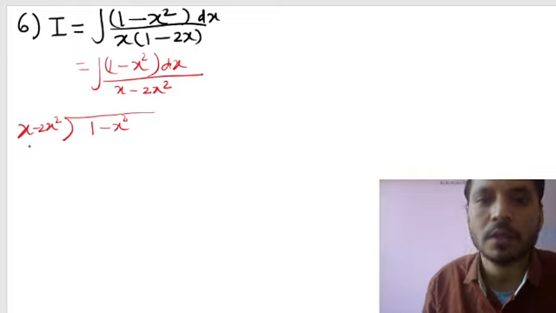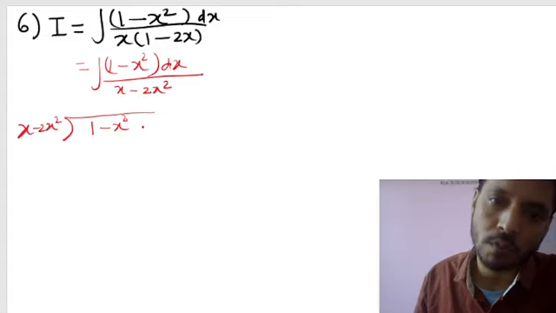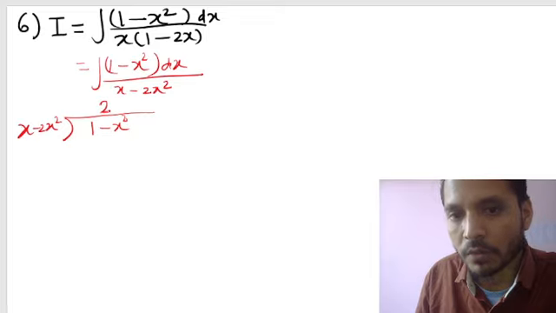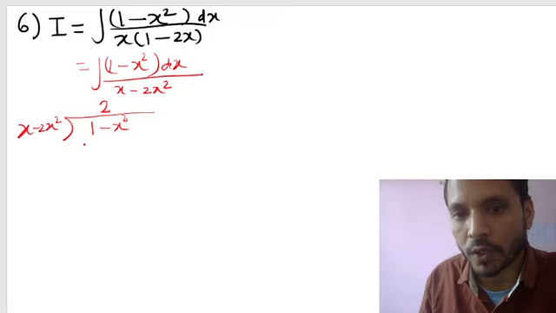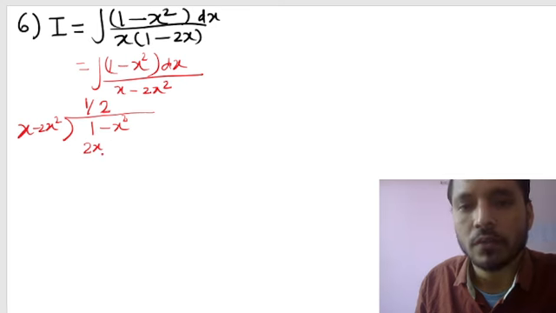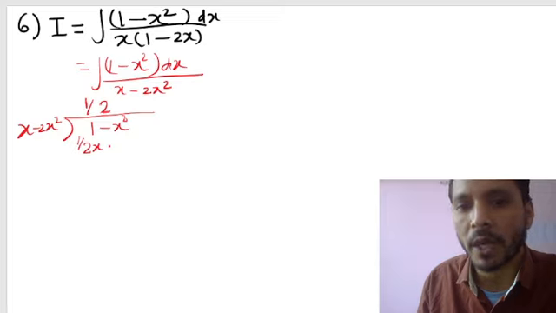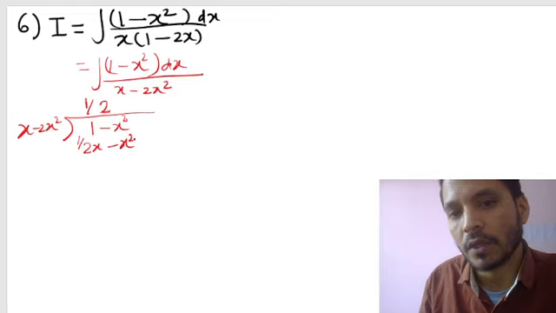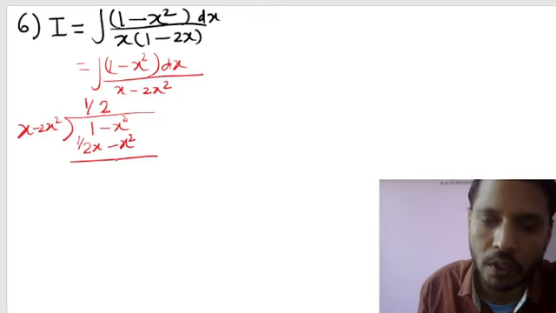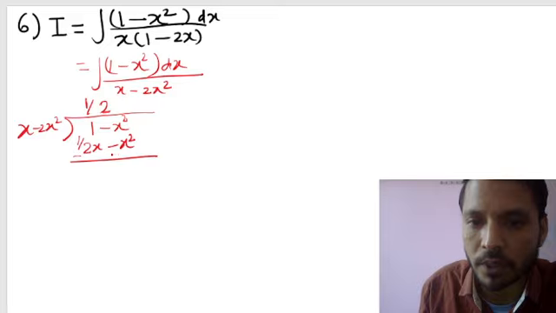We want to cancel the x square coefficient, which means we need to multiply by 1 by 2, because we have to cancel this 2. So it becomes 1 by 2 times x minus x square. Now we are going to subtract it, so the minus becomes plus.